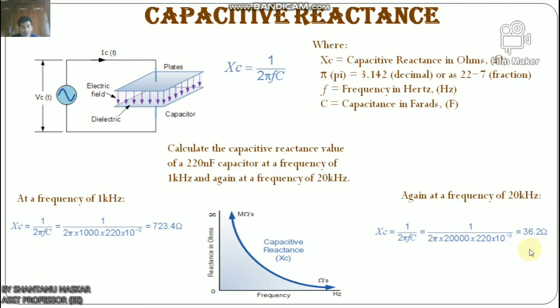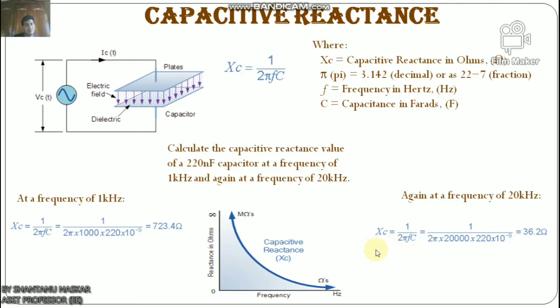Its reactance value Xc decreases from approximately 723 ohm to 36 ohm. The value decreases, and this is always true as capacitive reactance Xc is inversely proportional to frequency, with the current passed by the capacitor for a given voltage being proportional to the frequency.